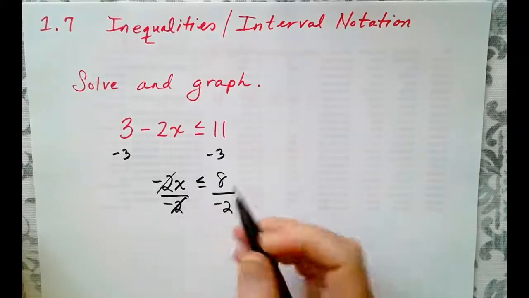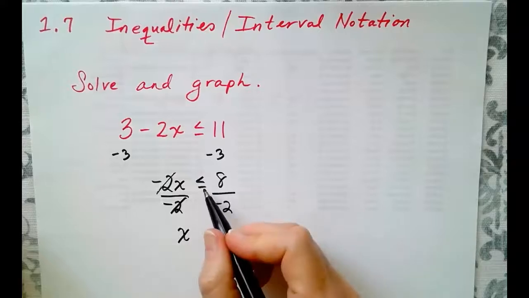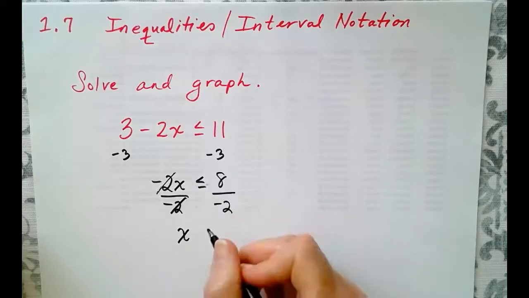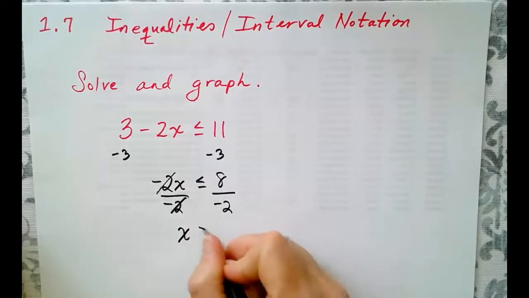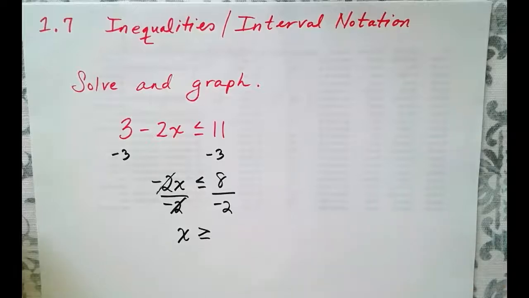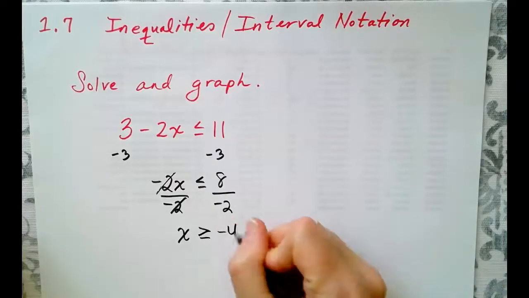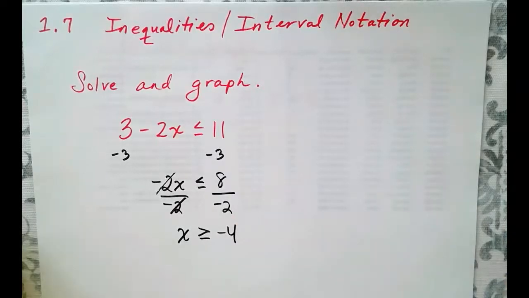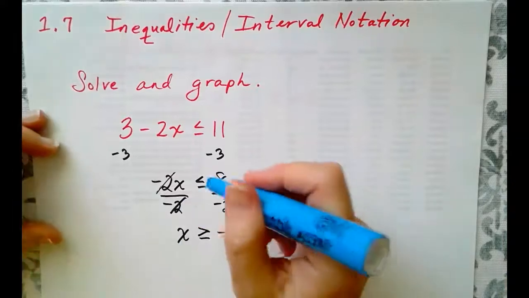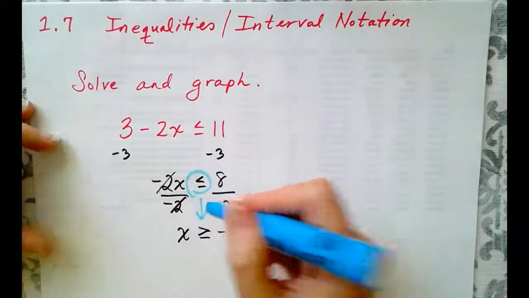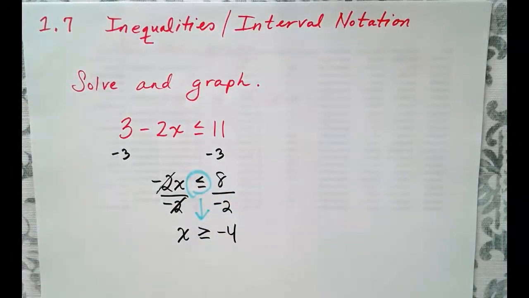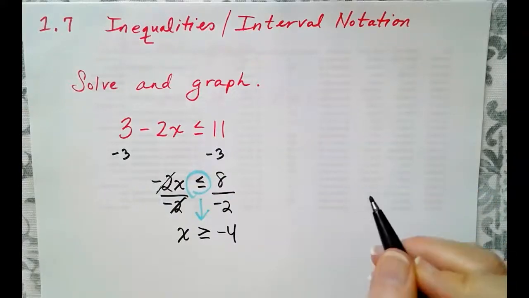So the negative 2's cancel here, but instead of it being less than or equal to now, the inequality sign flips to greater than or equal to negative 4 because we have divided by a negative. So keep that in mind. Anytime we multiply or divide by a negative, flip the sign.